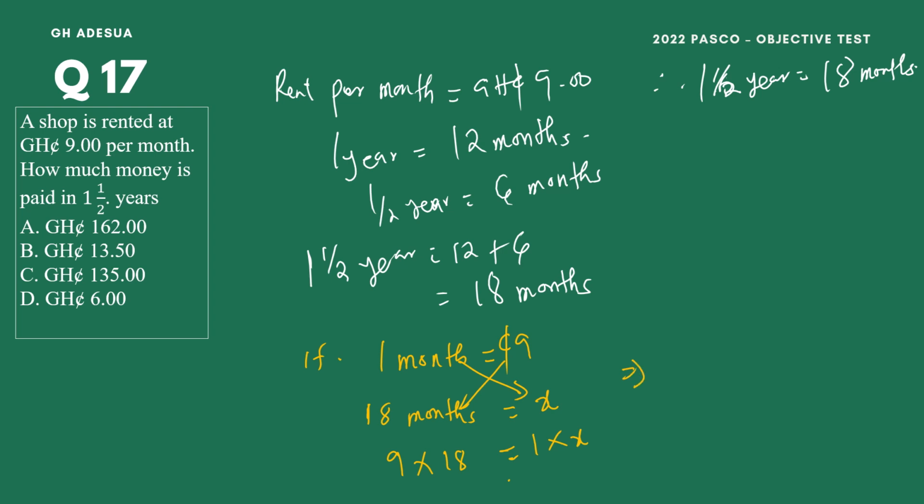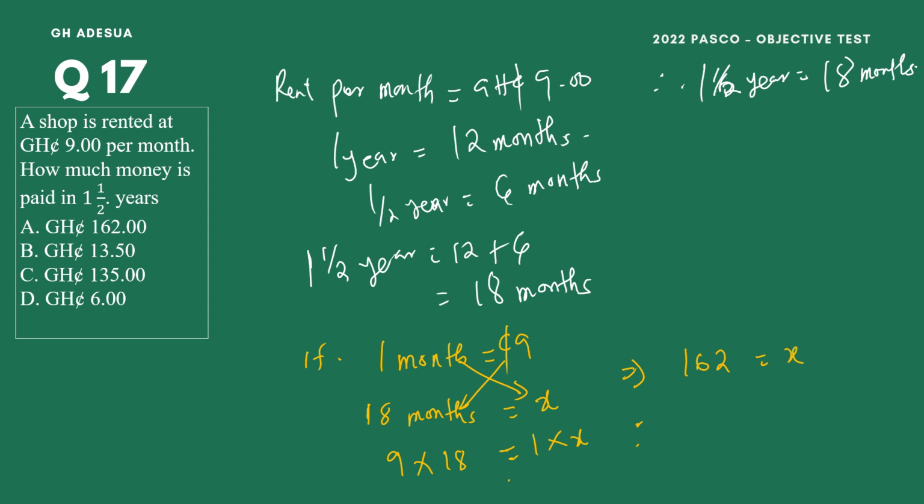Then we continue. We know that 9 by 18 is 162, and 1 by x is x.